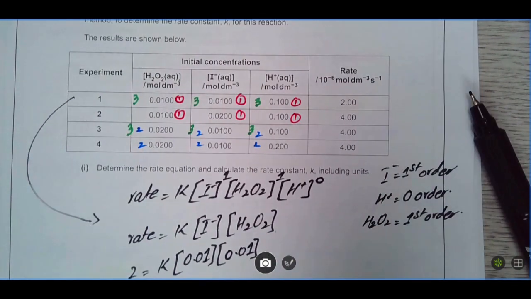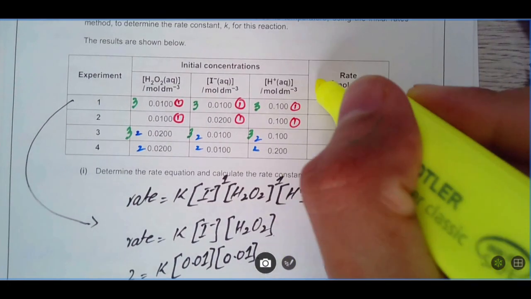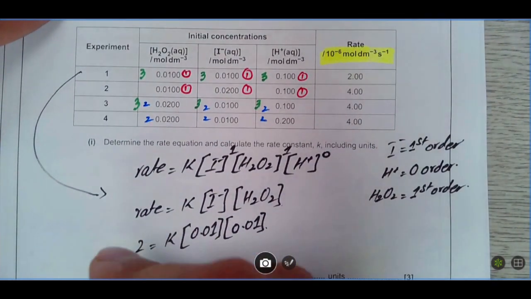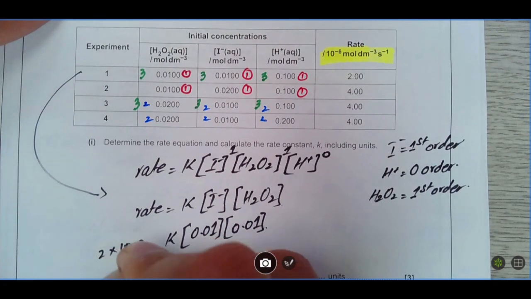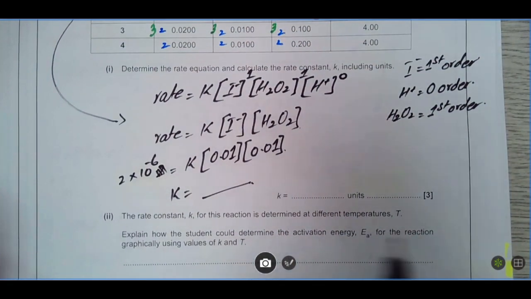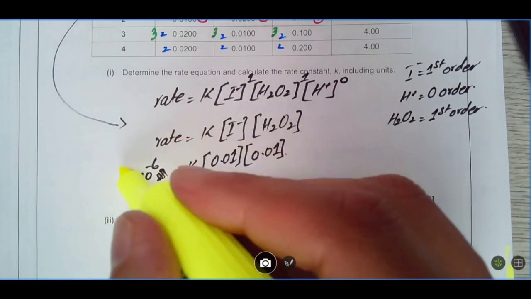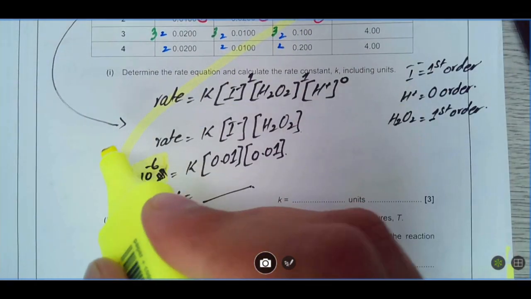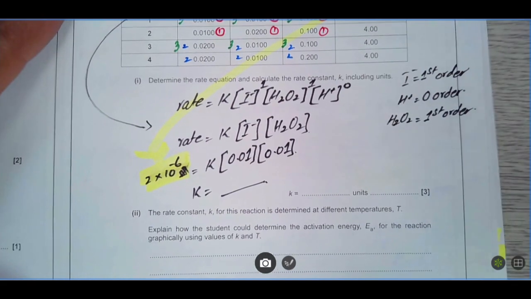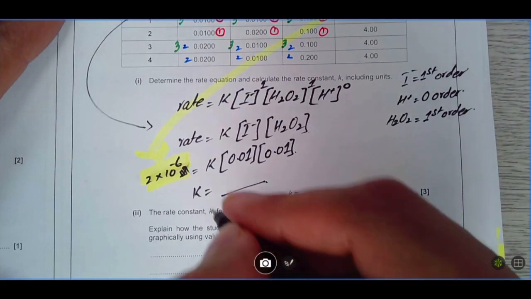Look, for the rate, it says the rate is 10 to the power of minus 6 mol dm minus 3 s minus 1. So it should be 2 times 10 to the power of minus 6. So be careful with that bit. I'm highlighting this section here as well. Do take it into consideration. I can then say the value of K will now be 0.02.